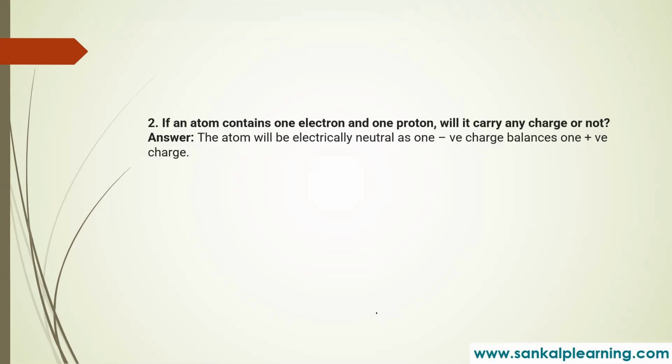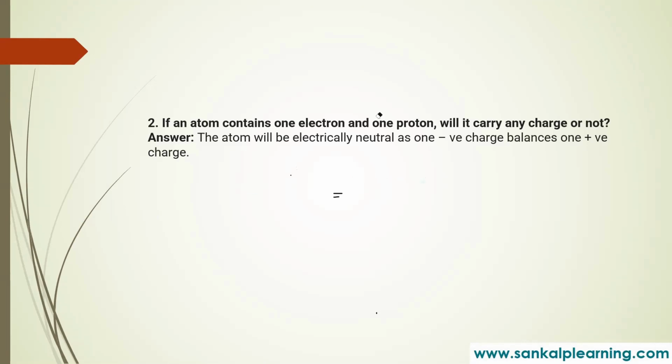Suppose you have -2 and +2, what will it be? It will be 0. In the same way, we have one electron which is negatively charged and one proton which is positively charged. Therefore, the atom is electrically neutral.